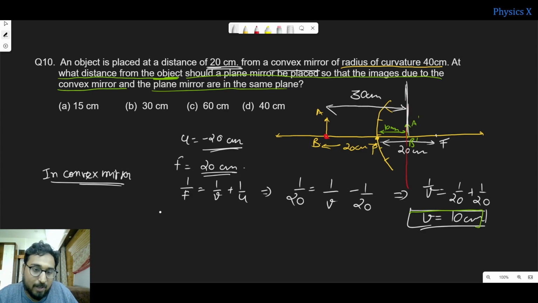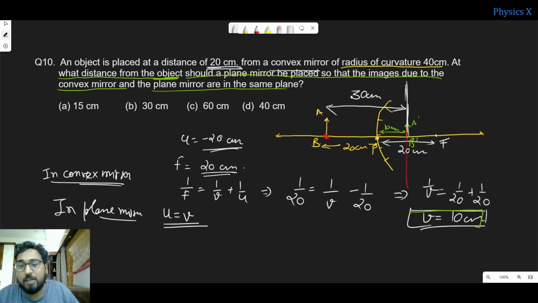So we know that in a plane mirror, u is equal to v. That means we need to place the mirror at the midpoint of this distance, so that the image will be formed here. This is 30 centimeter, so 30 by 2 is 15 centimeter.